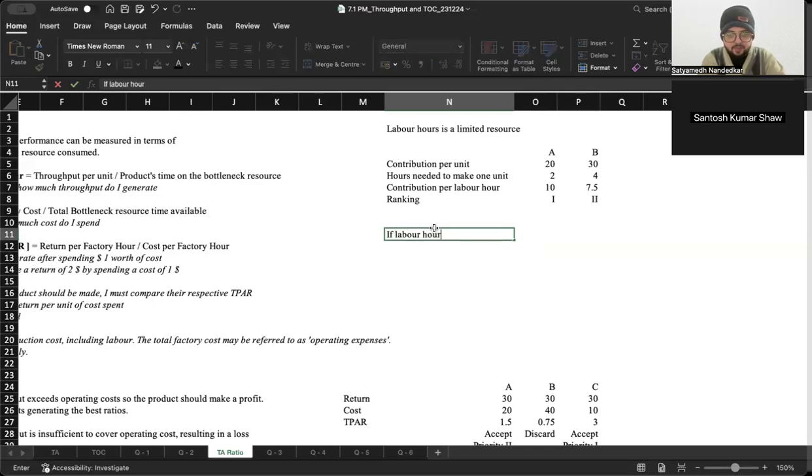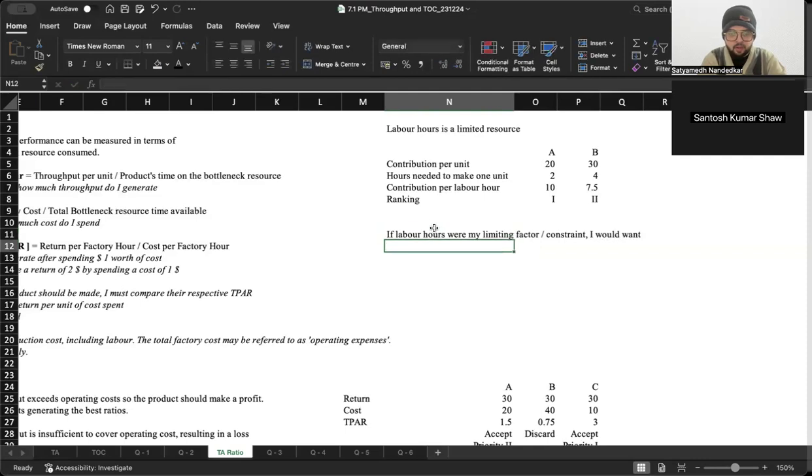If labor hours were my limiting factor or constraint, I would want to use labor hours in a way such that I get max return from putting my labor to work.